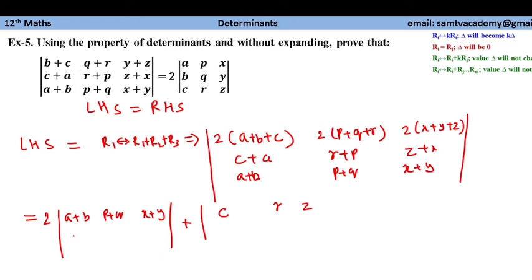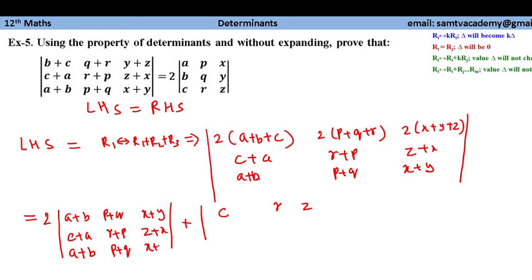What will that be? Here we will write it out, otherwise we will not understand. C plus A, R plus P, Z plus X, A plus B, P plus Q, and X plus Y.